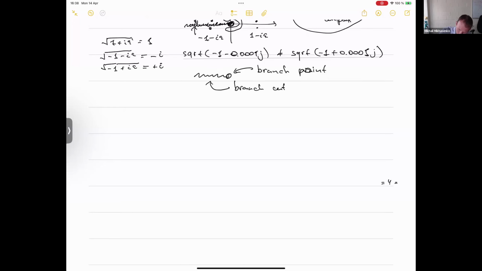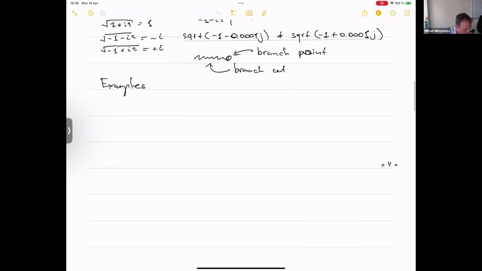Let me give you some illustrative examples. For standard functions, we can easily figure out where the branch cuts lie. For example, square root of z minus 3 will have the following analytic structure. The branch point is at 3, and the cut goes from minus infinity to 3.